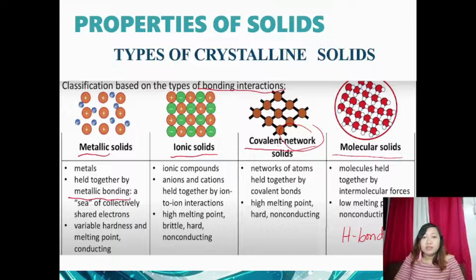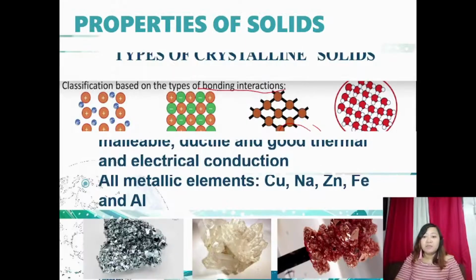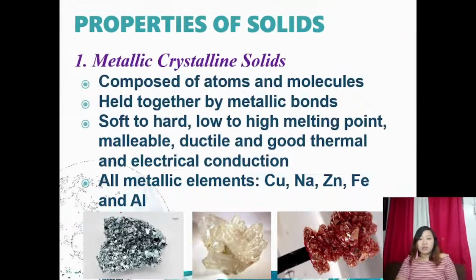So let's take a look at the examples of each type. We have the crystalline solids. Here is the sodium crystal, and then aluminum crystal, and we have here copper crystal. So these are the elements and the components are obviously metals.